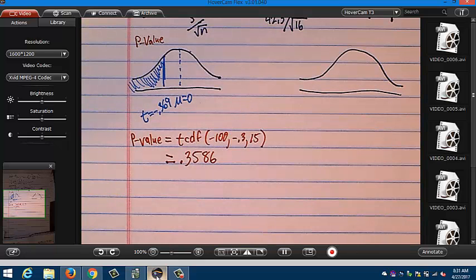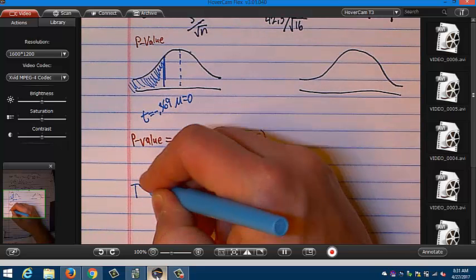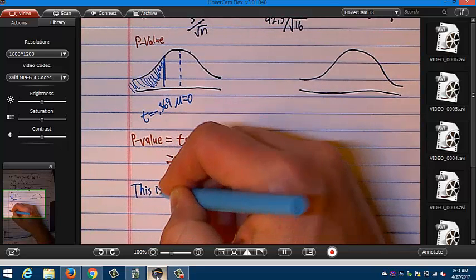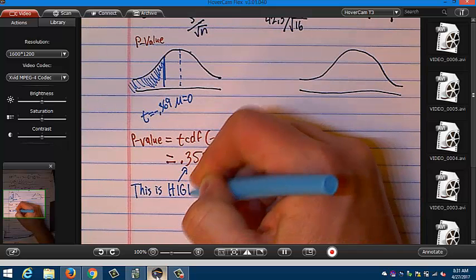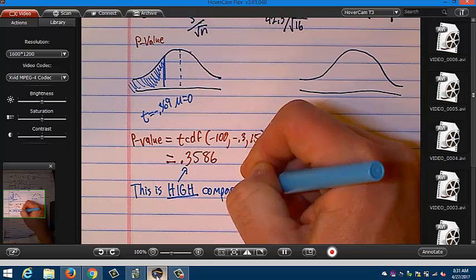Okay, so what you do is you compare the p-value to what? We always compare it to alpha, the significance level. I claim this is high compared to alpha. Why do I say that?